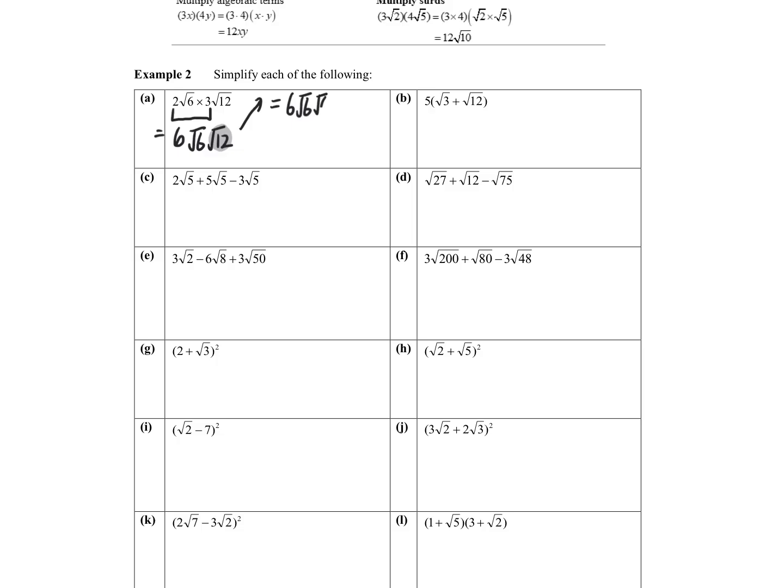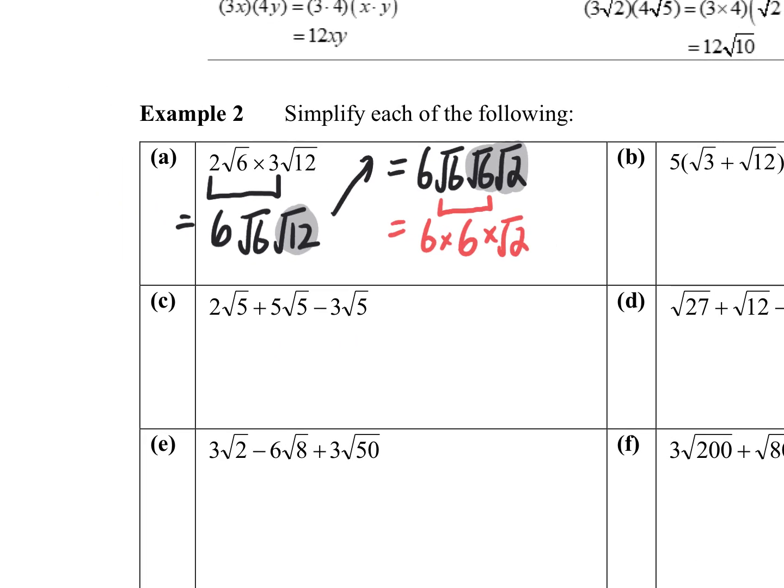So it's better to split it as root 2 and root 6. Okay, I will split my root 12 into root 6 and root 2 so that this thing here can simplify to be 6. So you end up having 36 root 2.